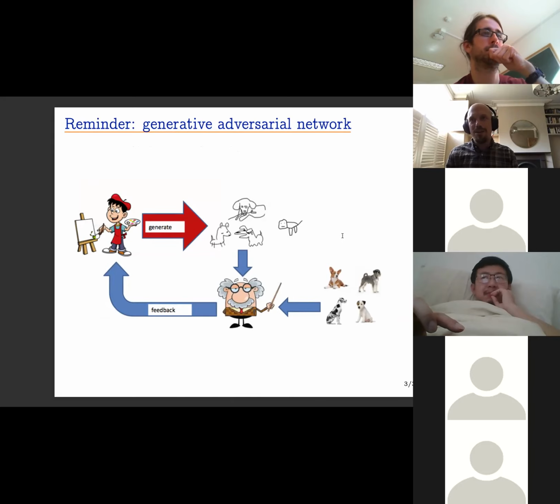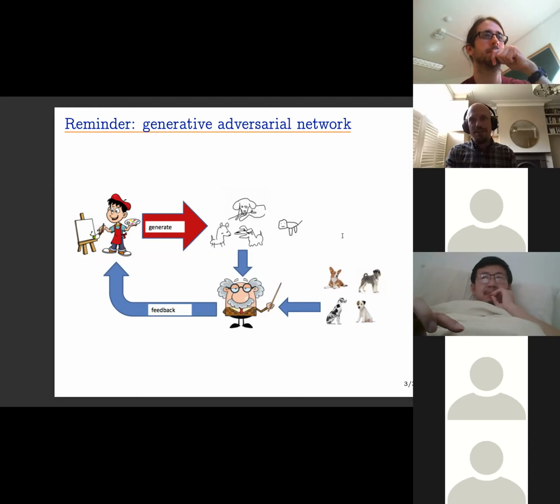Then I have my critic, which takes my set of fake dogs and my set of real dogs, compares them, and gives some feedback to my generator, which the generator then tries to improve. So the generator tries to minimize this divergence between real and fake dogs. This process iterates until equilibrium is reached.